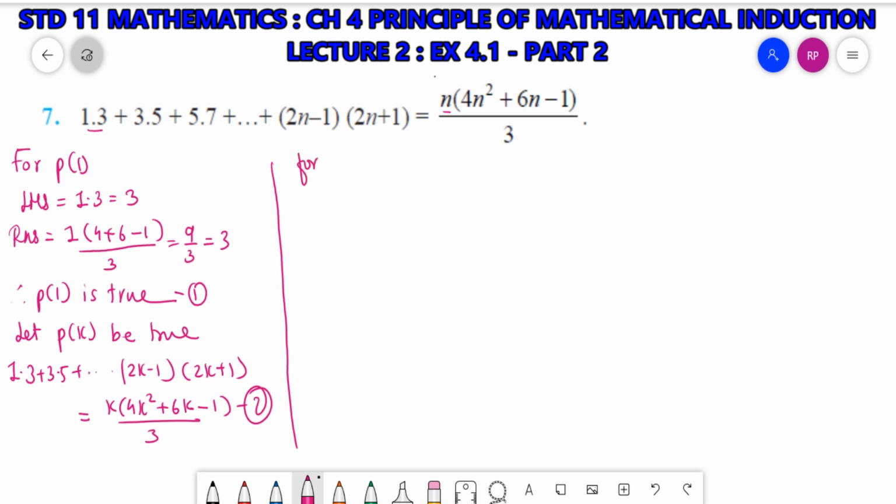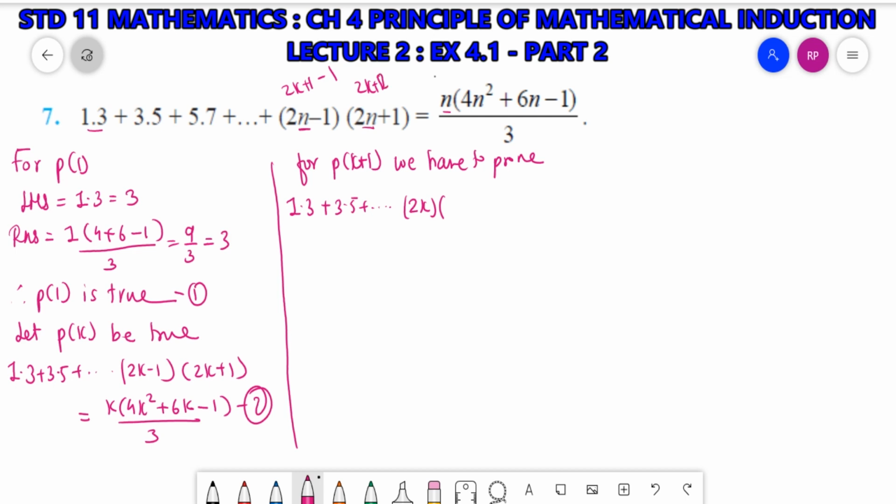Now for P of k plus 1, we have to prove 1 into 3 plus 3 into 5 up to. Now instead of n, I used to put k plus 1. So 2k plus 1 minus 1. So it will be 2k into, again 2k plus 1.